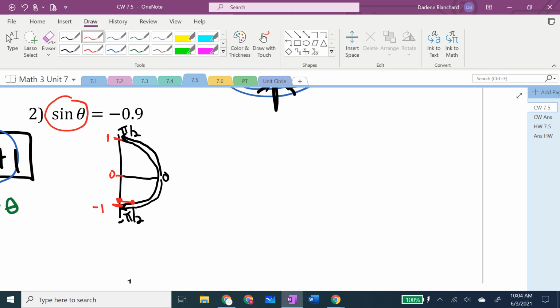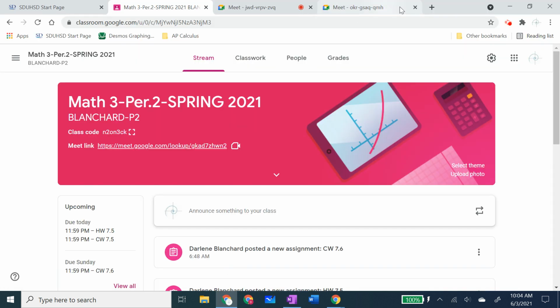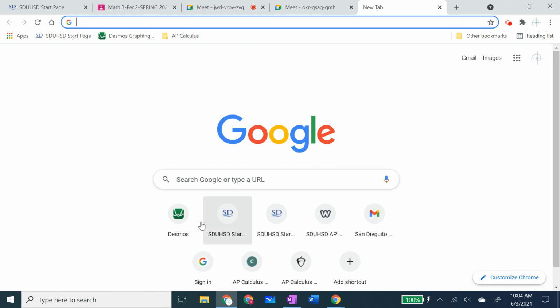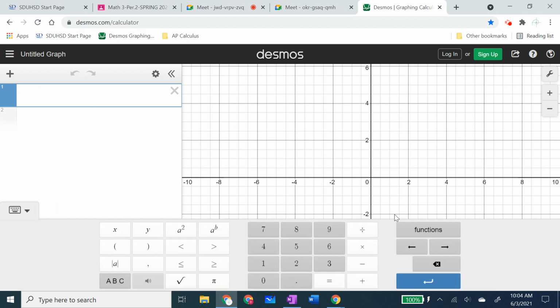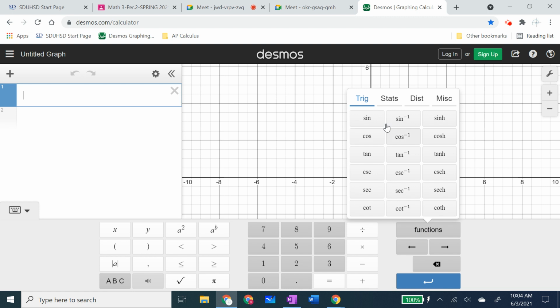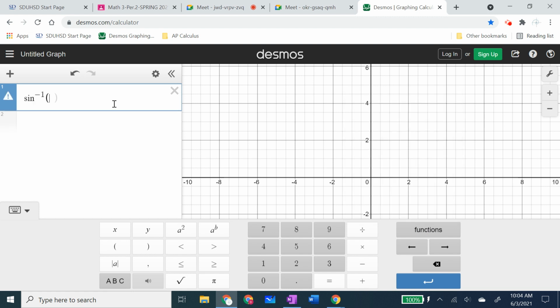So we're going to look at what we get with our calculator when we do inverse sine for negative 0.9. I'm going to open up Desmos. And if you're using Desmos, then you go over to functions, trig functions, and you have your inverse.